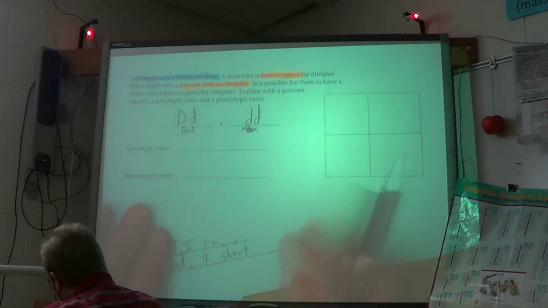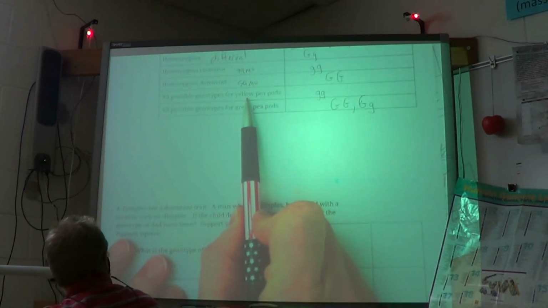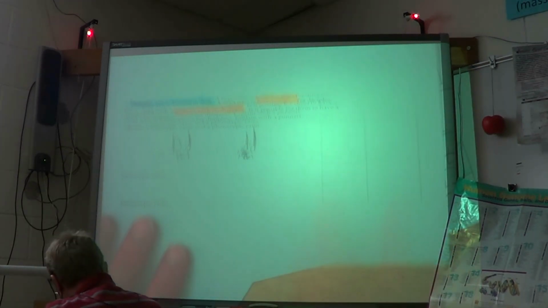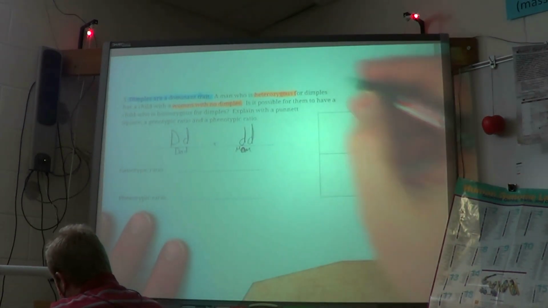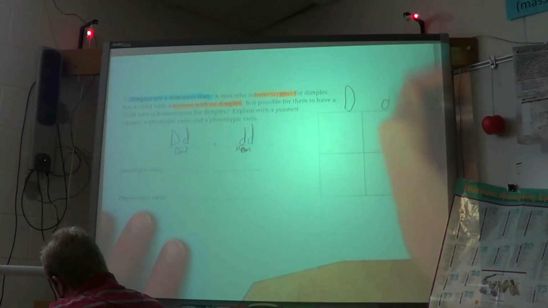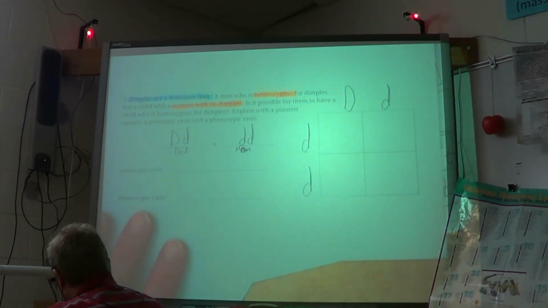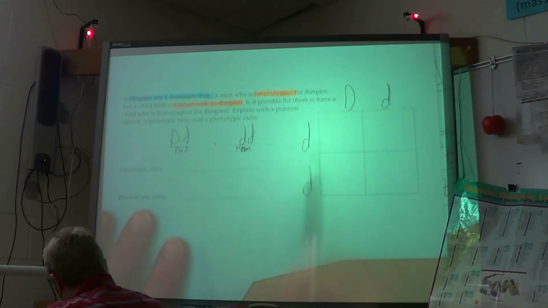The only way we see the recessive trait is if it's homozygous recessive, just like over here when we were looking at yellow pea pods. So there are mom and dad's genotypes. It doesn't matter where you put mom and dad's alleles. I put dad on the top, I put mom on the side.